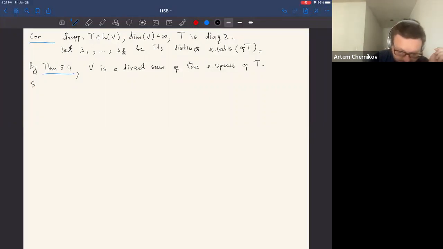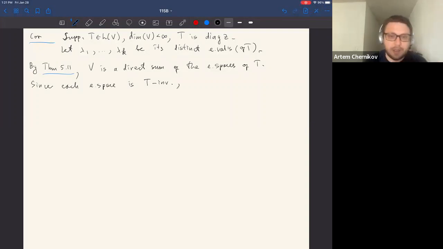Note that each eigenspace is in particular T invariant. This is something we remarked earlier, that eigenspaces are invariant always.